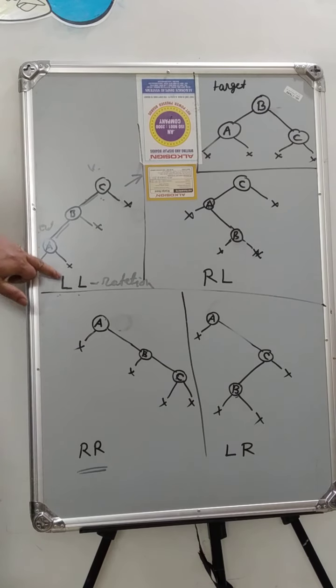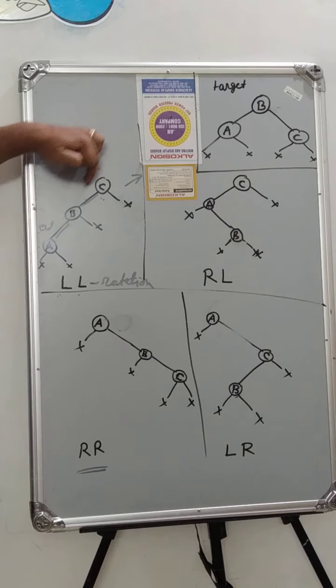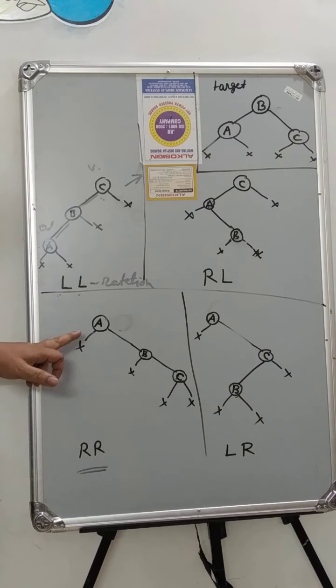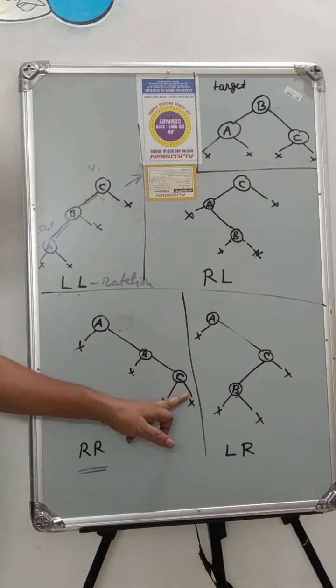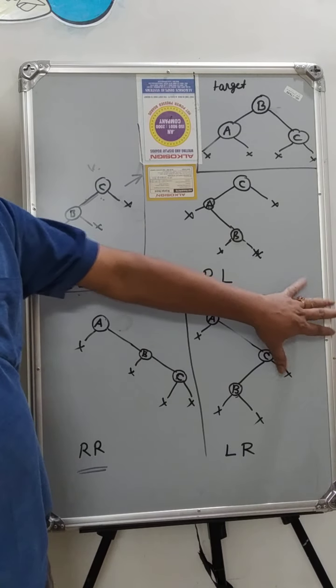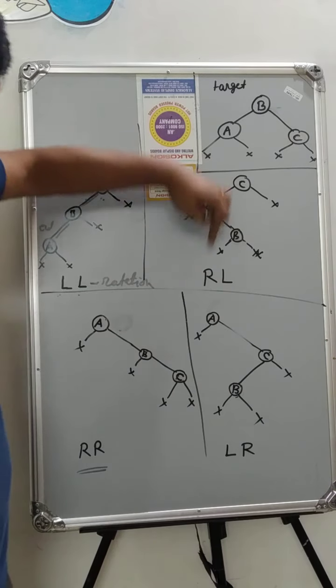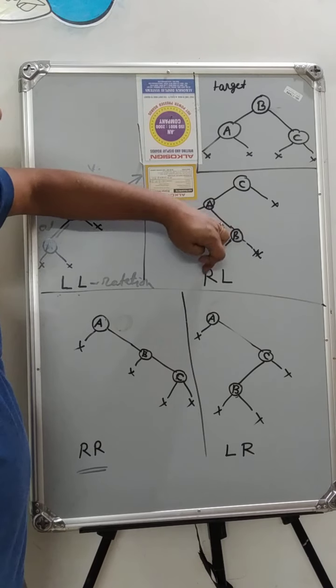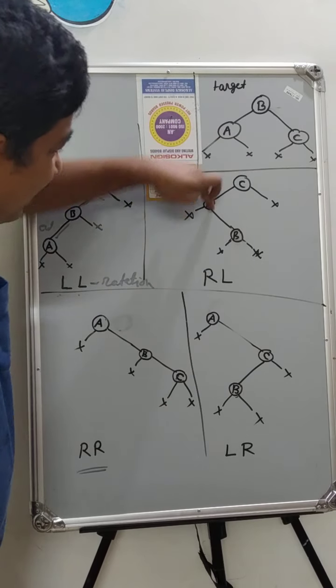If we read the LL and RR from the top side or bottom side, still there will be no confusion. So it will be called LL rotation, or it is RR. But your main confusion will be here. If we read it from the top side, somebody will mistake it as the LR rotation.